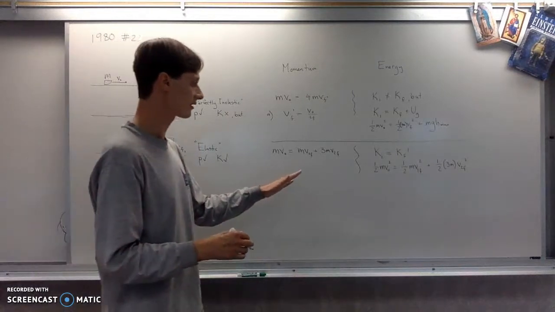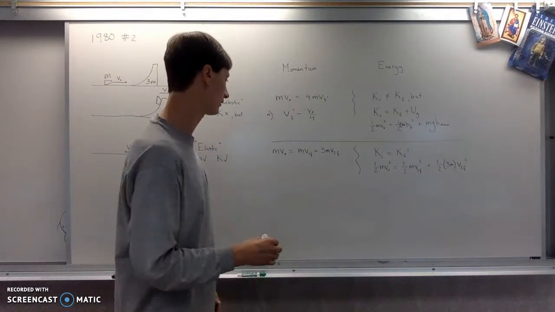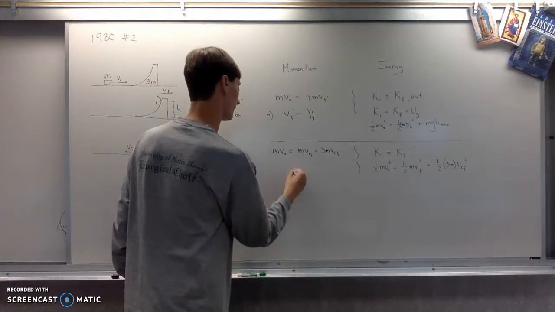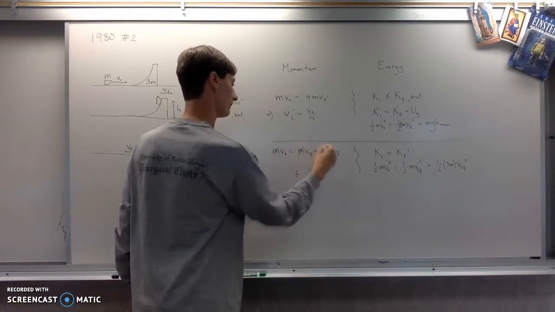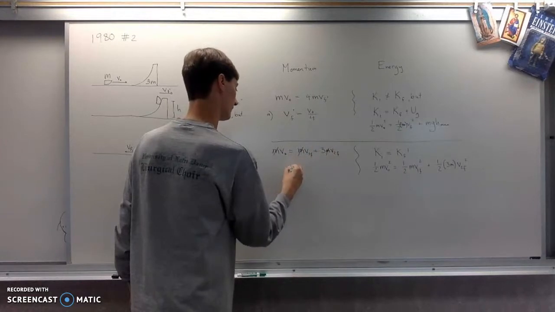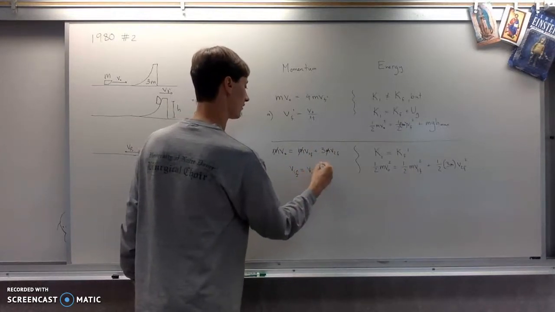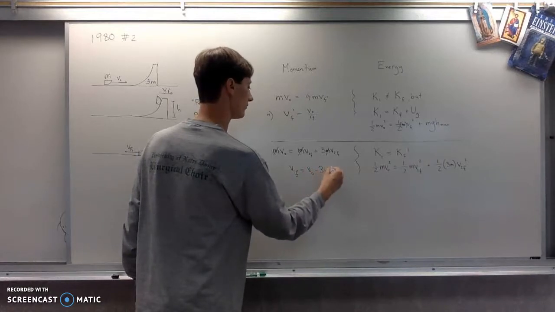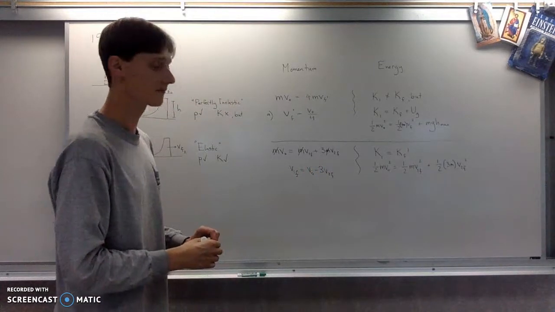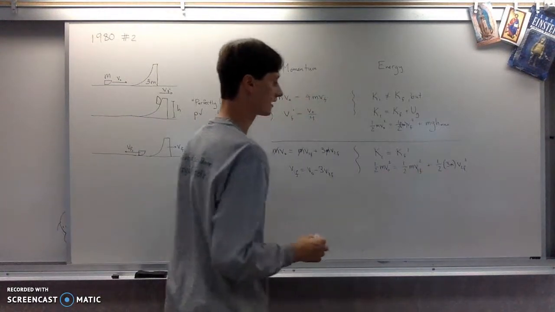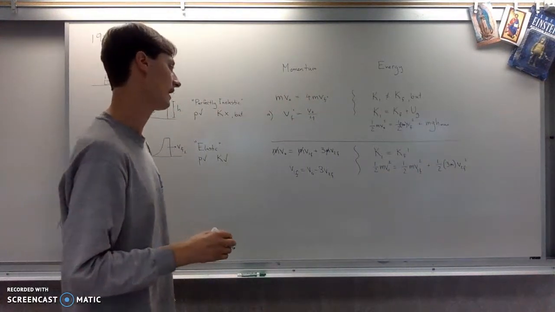All right, so then the process here would look like, all right, V1 final equals V naught minus 3V2 final. Then that would get plugged in over here into your conservation of energy.